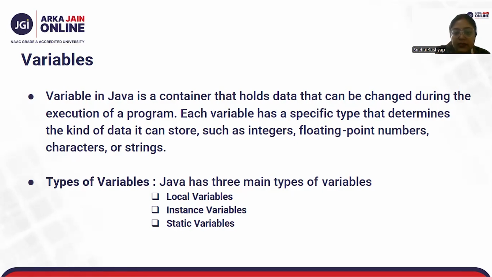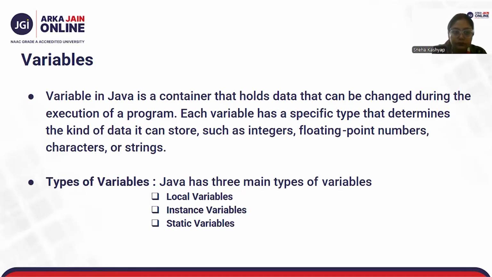As I was writing earlier, int a is equal to 10. Now if I write static int a is equal to 10, such variables become static variables. They are associated with the class itself rather than any instance of the class. So these are the three major types of variables that we use in Java.